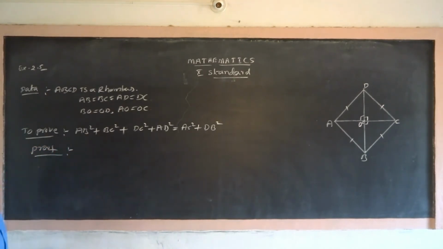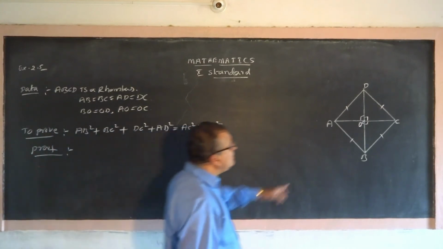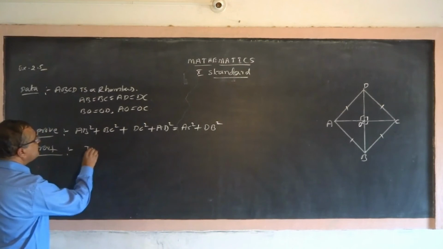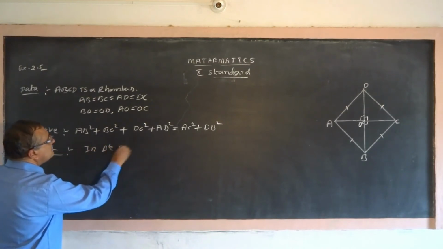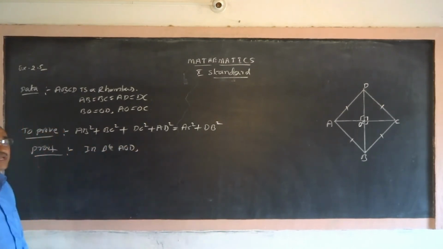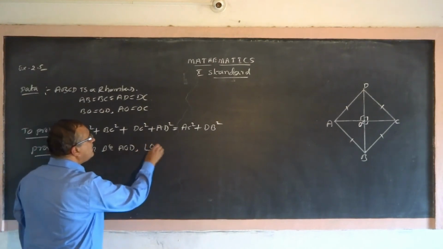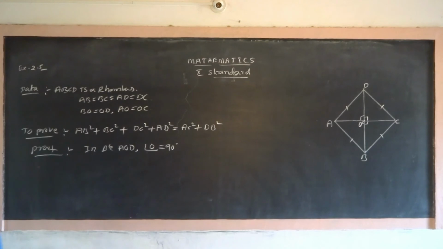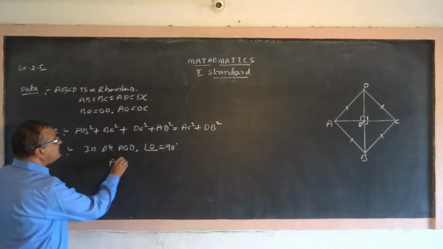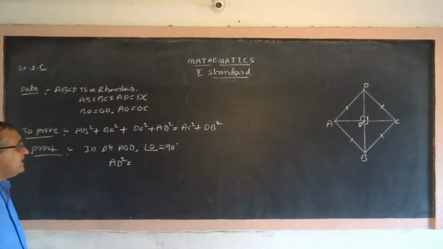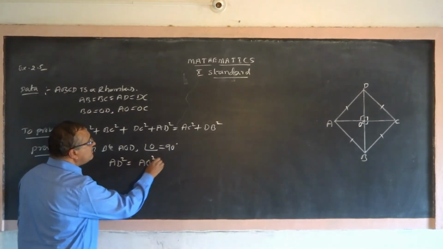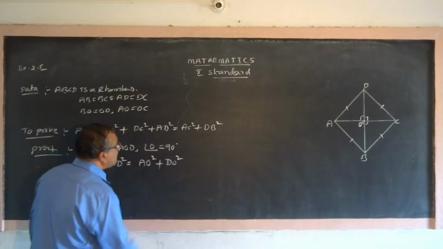Now consider one triangle, AOD. In triangle AOD, angle O is equal to 90 degrees. Apply the Pythagoras theorem. AD square is equal to AO square plus DO square.